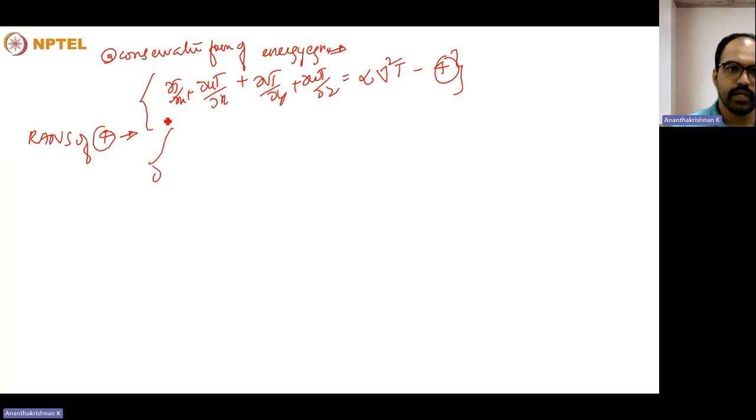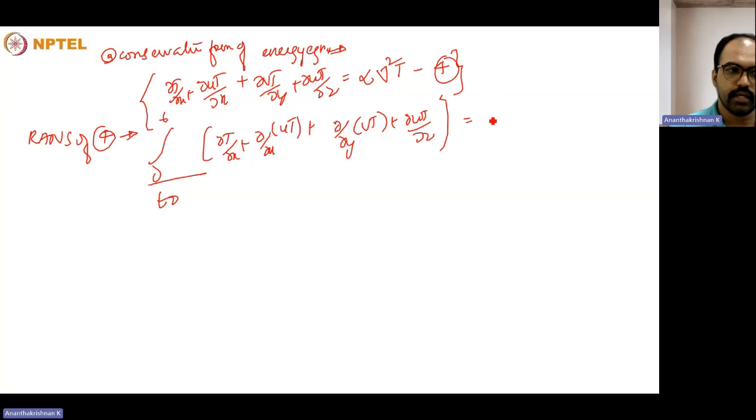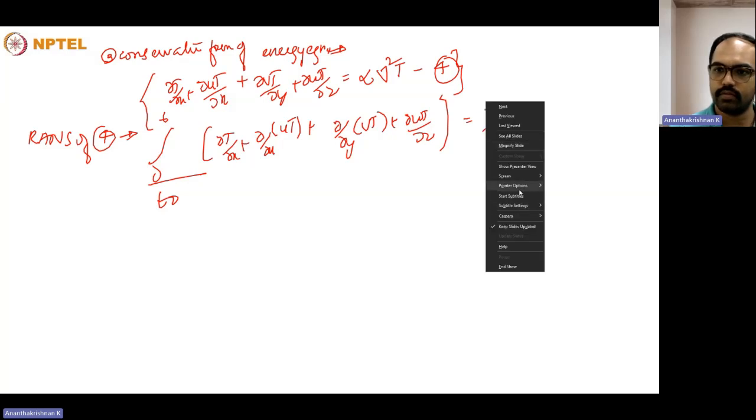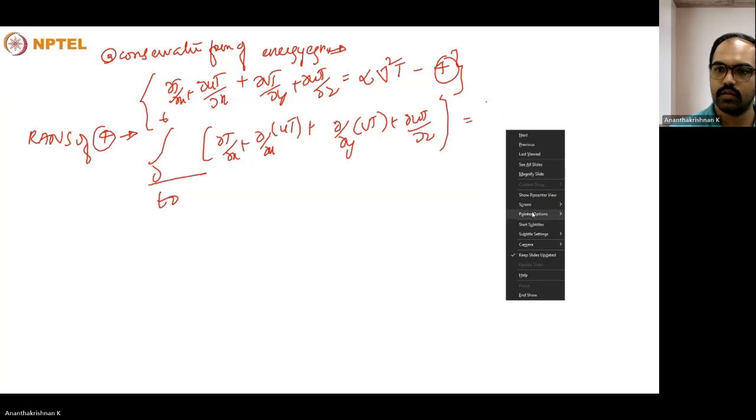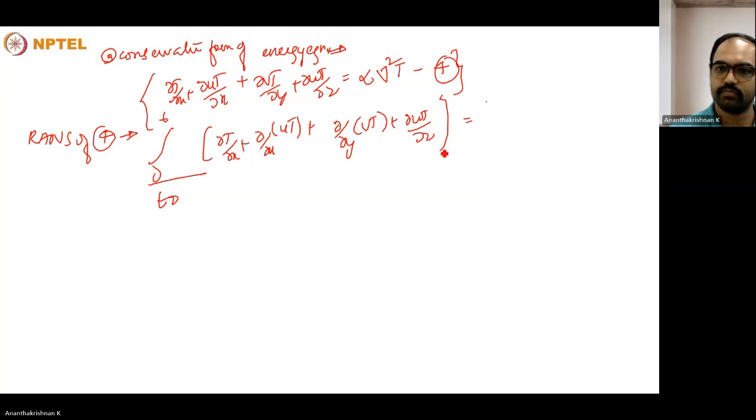So basically what we do is we integrate from 0 to T0 and divide by T0 the terms ∂T/∂t + ∂(uT)/∂x + ∂(vT)/∂y + ∂(wT)/∂z. The right hand side will be alpha into the integral from 0 to T0 of 1 by T0 alpha into del squared T dt.